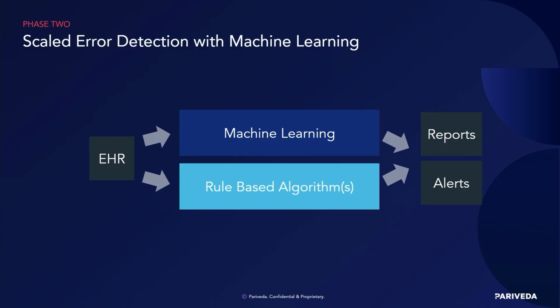This is kind of pre-AI models, or LLM models, I should say. And so we started with taking a rules-based approach and leveraging machine learning, just traditional machine learning classification, for detecting those errors. And we found that we could do a pretty good job of doing this at scale.